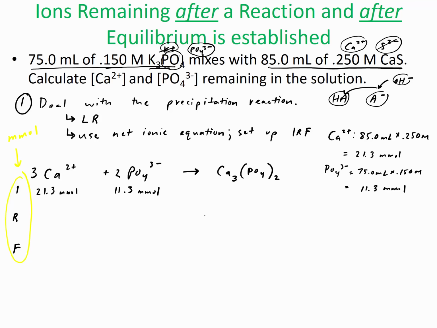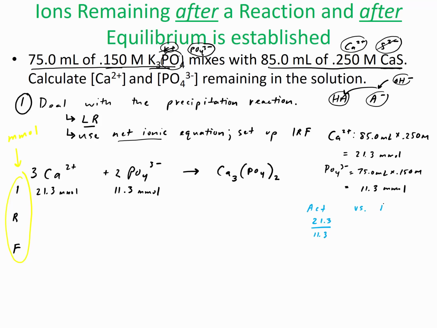Okay, so now it's a limiting reactant problem. I wrote out my net ionic and I got my millimoles starting. So I'm going to compare those over here on the side. I have my actual amounts. I usually like to put the bigger number over the smaller number. In my actual amounts, I have 21.3 calciums and 11.3 phosphates.